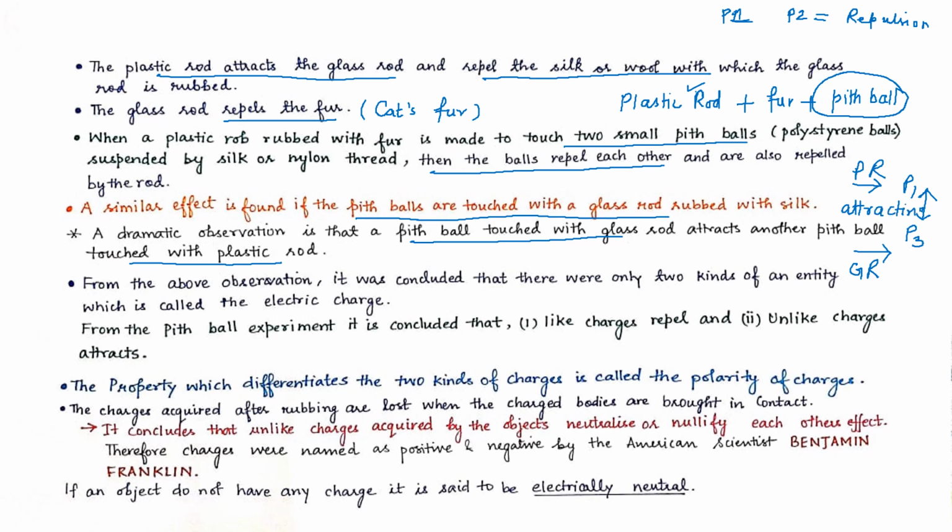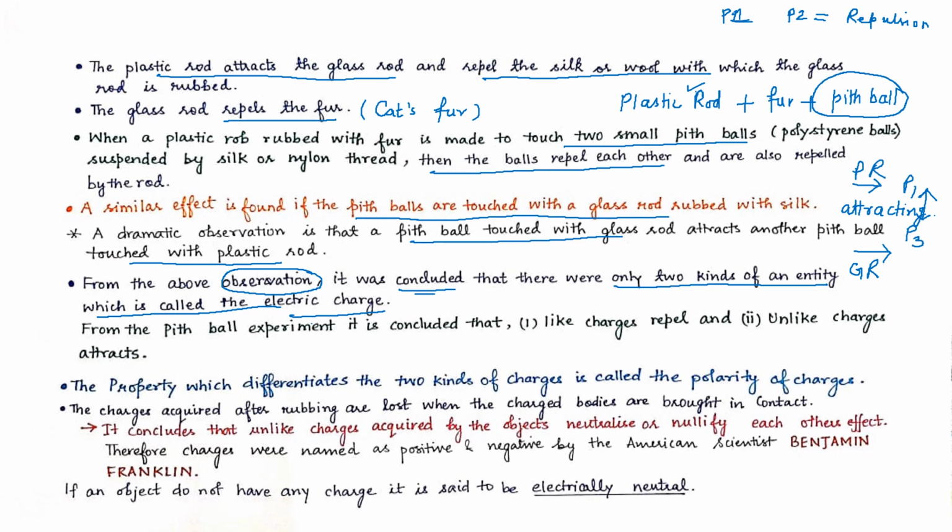So from this one experiment, the pith ball, plastic and glass rod experiment, we made a few observations and we concluded these observations as only two kinds of an entity are present, which is called the electric charge.